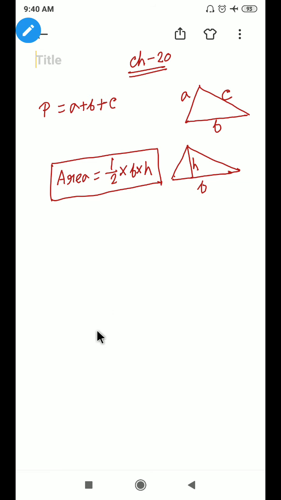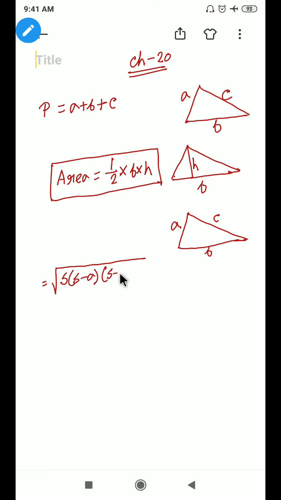Now, suppose a scalene triangle is given. What is the meaning of a scalene triangle? All sides are unequal. So if the sides a, b, c are given and you don't know the height, how will you find the area of this type of triangle? You have to use Heron's formula, that is root over s into (s minus a) into (s minus b) into (s minus c).